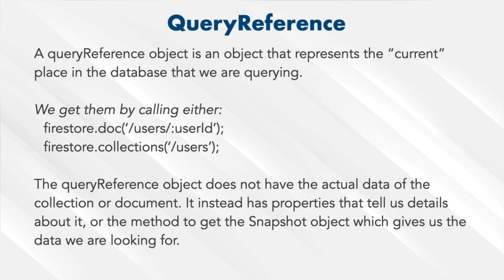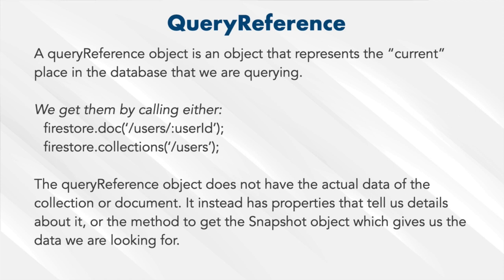Now, we'll start with the reference objects. A query reference object is an object that represents the current place in the database that we are querying. So in order for us to get a query reference object, we do it by querying using one of these two methods. And again, we query either a document or a collection.